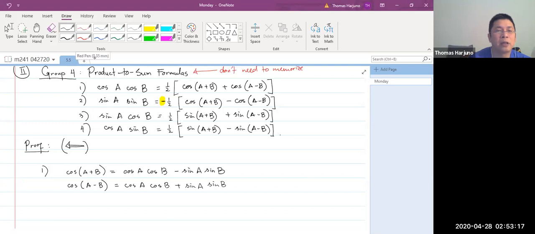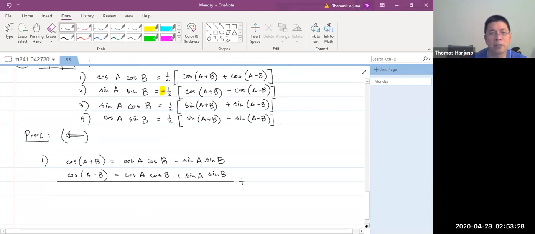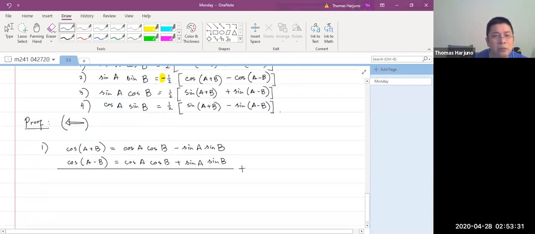Notice that if I add them, then on the left-hand side, I will get cosine A plus B plus cosine A minus B. While on the right-hand side, you see the first terms are the same terms, right?